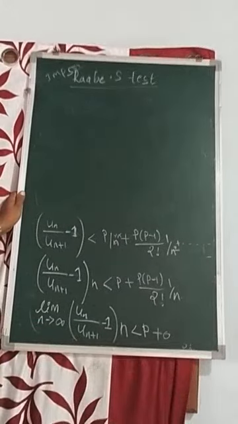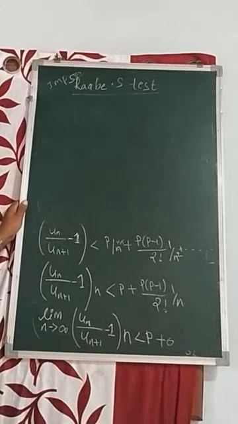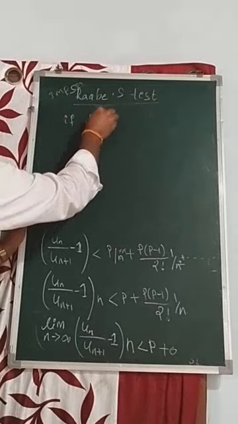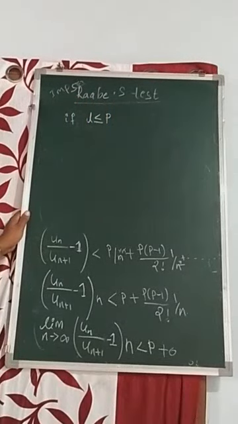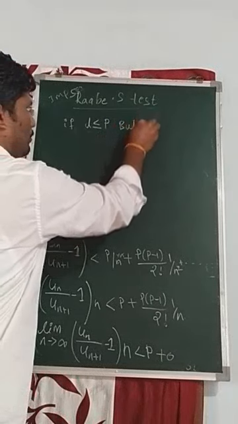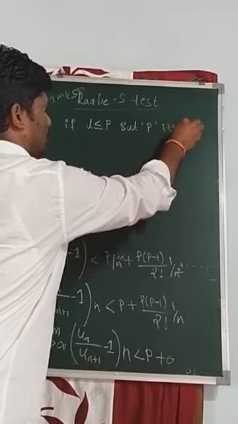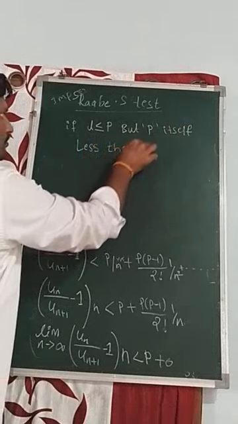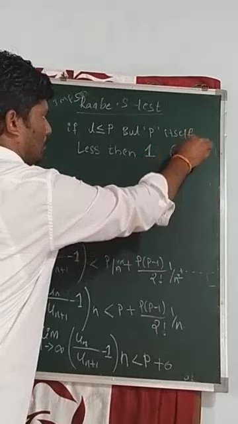Next, we take the P series condition. If L is less than or equal to P, but P itself is less than 1, P itself is also less than 1.